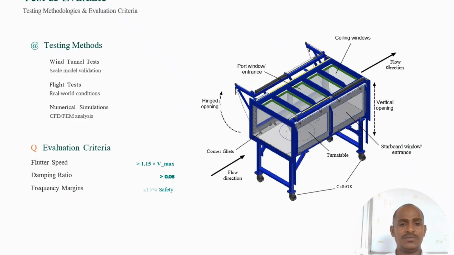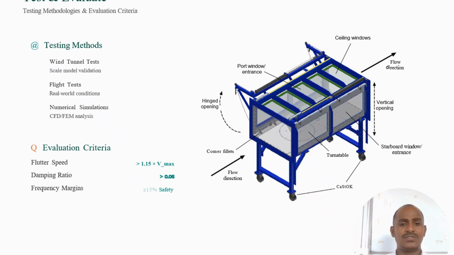Now coming to the testing phase, which is the final stage. Methods include ground testing, flight testing, and numerical simulation evaluation. Criteria include flutter speed greater than 1.15 times the maximum operating speed, damping ratio above the safety limit, and frequency safety margins.